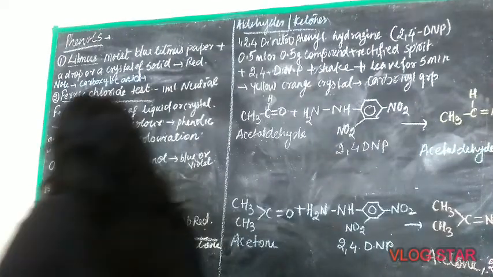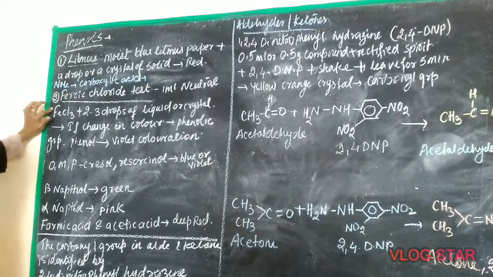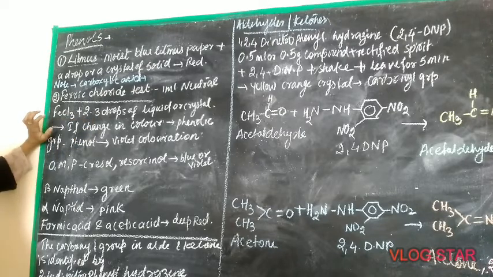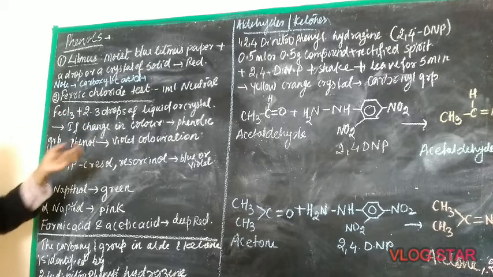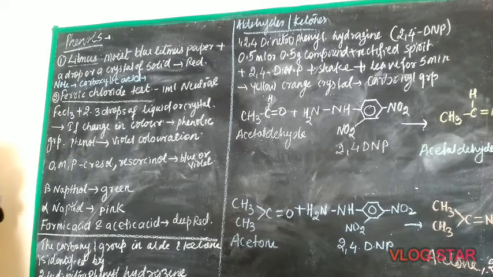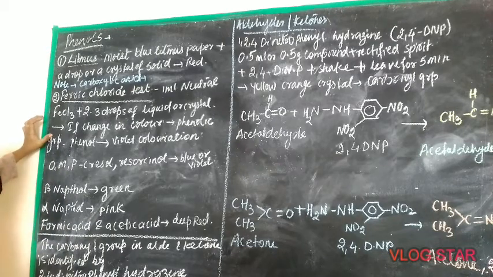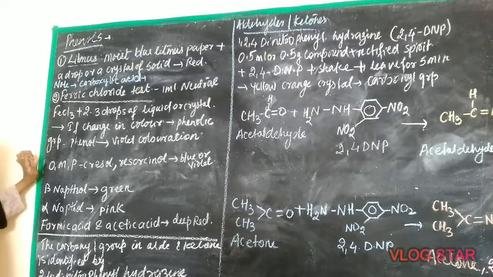Right? The next test is the ferric chloride test. Take 1 ml of neutral ferric chloride and add 2-3 drops of the liquid, or if the compound is a crystal, add one crystal. If you observe a change in color, that means a phenolic group is present.